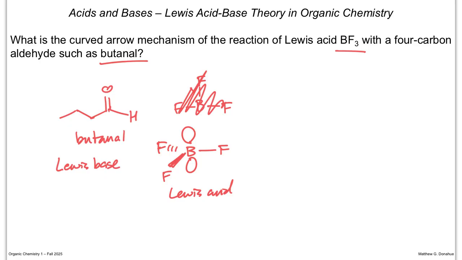Does anything in the butanal have electrons? The double bond does, but what else? So the oxygen has 2 lone pairs. Lone pairs will move before electrons in a pi bond will. So those lone pairs will attack that p orbital.